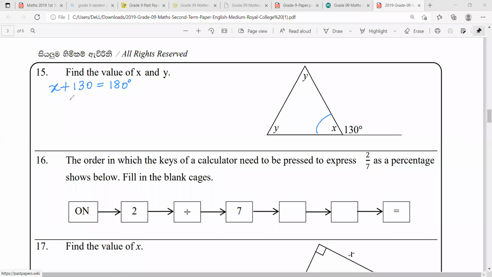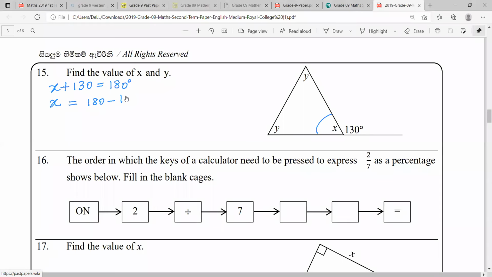Therefore, you can subtract 130 from both sides. Then you get x is equal to 180 minus 130. So here you get 50 degrees. x is equal to 50 degrees.